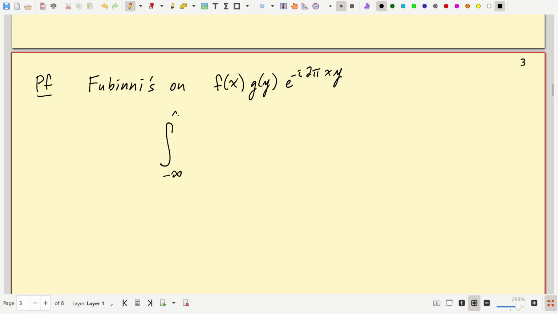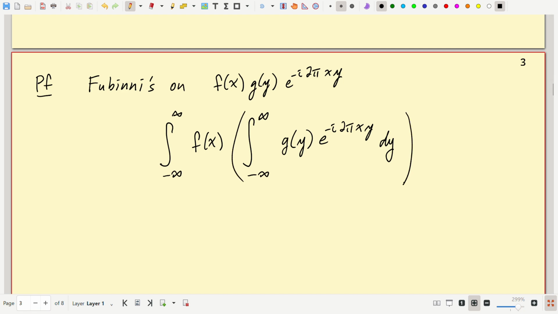something we can ignore. So let's see, I'm going to integrate f of x, and then I'll integrate in y. I'd have my g of y in here times e to the minus I 2 pi x y. Okay, I'm integrating dy here. And then I integrate dx. So that's an iterated integral of the function I wrote above.